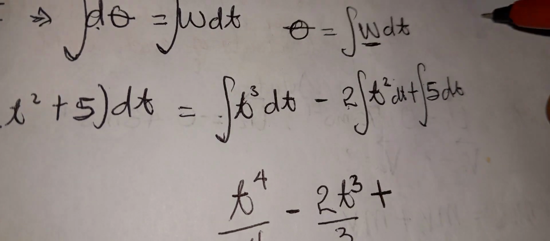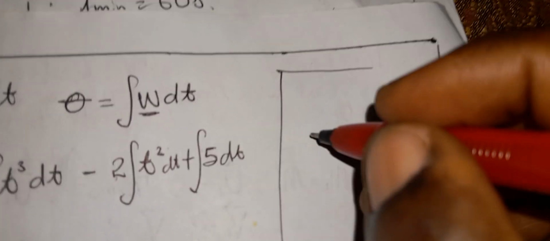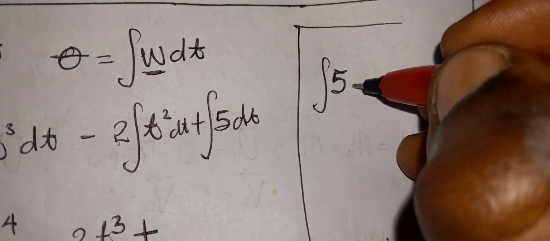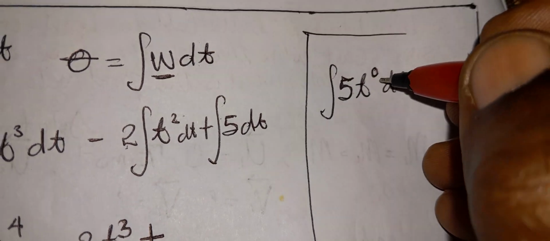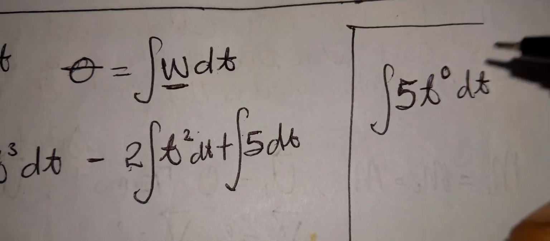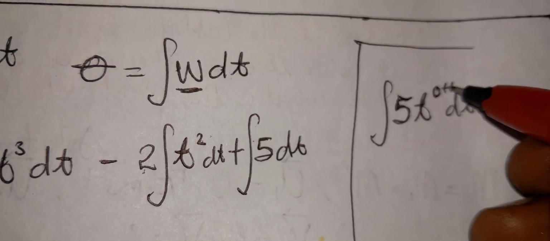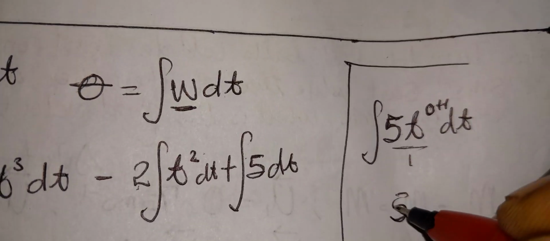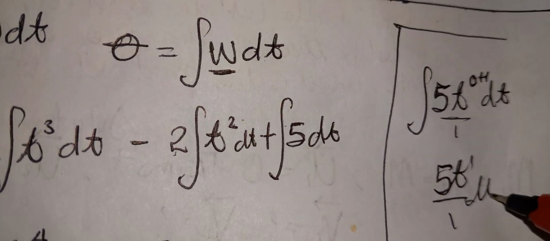Let's do something fun. We have an integral of 5. What do you think the value of t here is? t to the power of 0 dt, because anything to the power of 0 is 1. You get it? There is this invisible t to the power of 0. 0 plus 1 is 1, so this will be over 1. So it will now be 5t to the power of 1 over 1 dt.